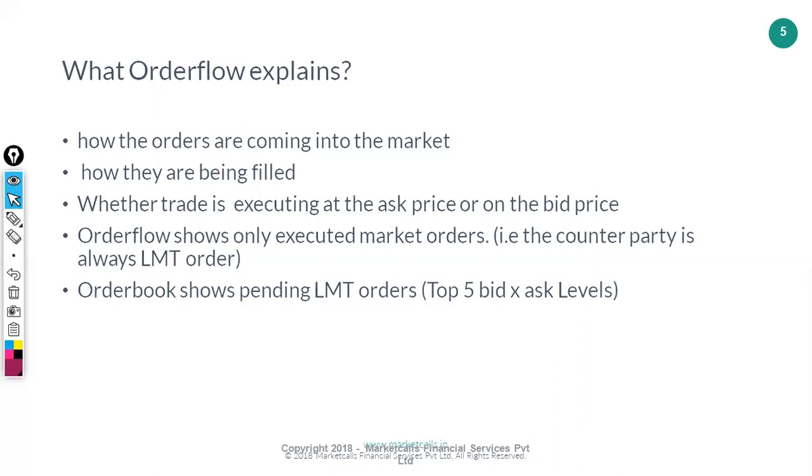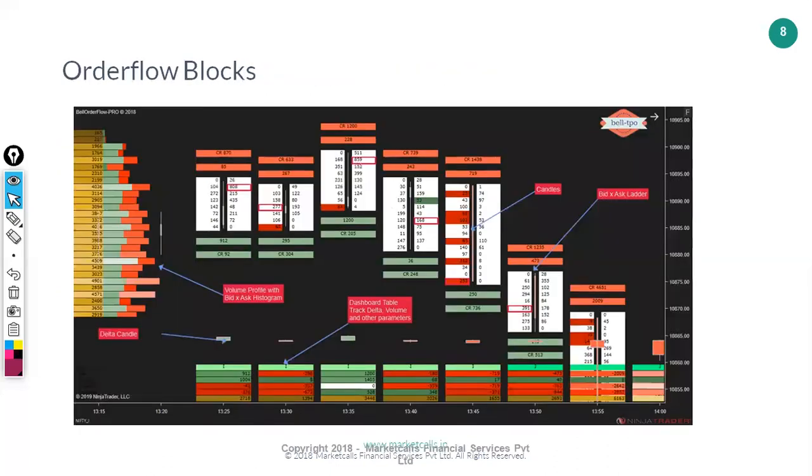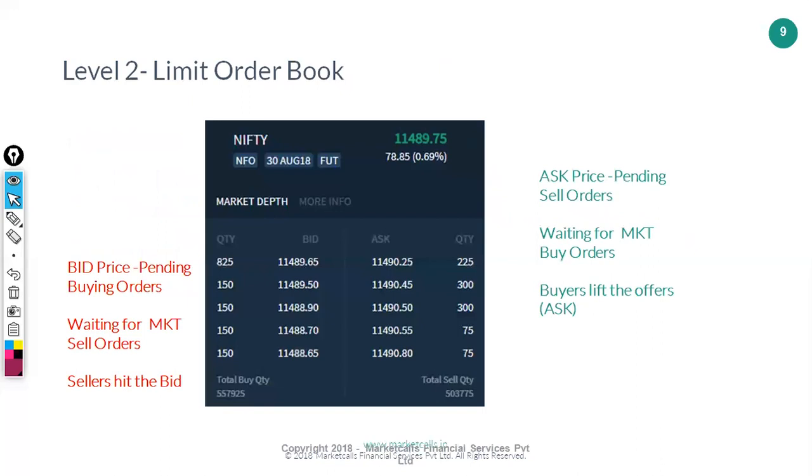So the order book looks something like this. This is a classical order book where you can see only up to 5 levels from your broker terminal, right? It contains the ask price on the right hand side and the bid price on your left hand side. These are nothing but limit orders.